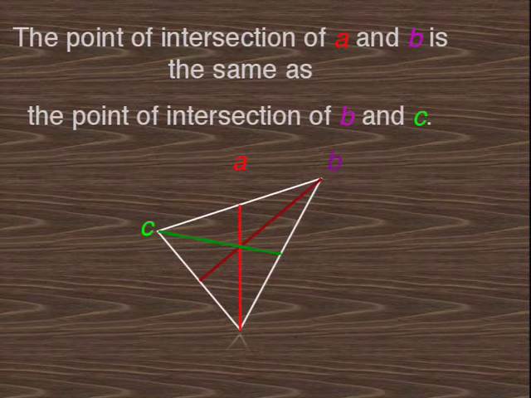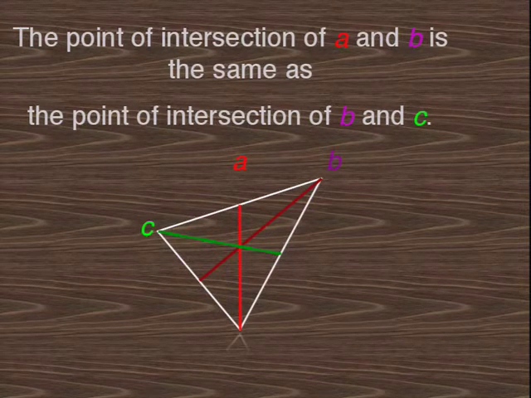Frege says the point of intersection of line A and line B is the same as the point of intersection of line B and line C. Is that an informative identity? He gives that as a clear example of how there can be two different modes of presentation of the same thing.